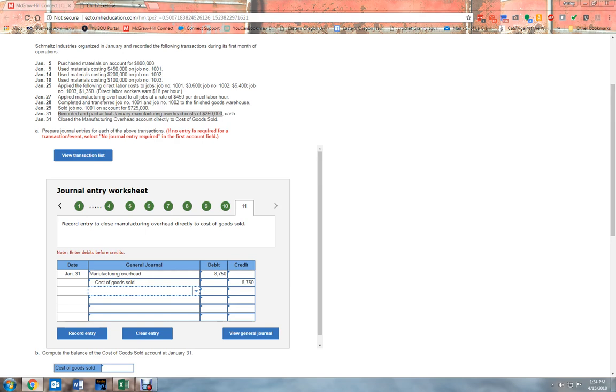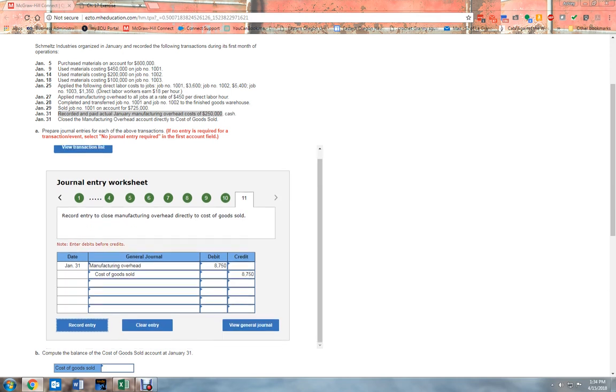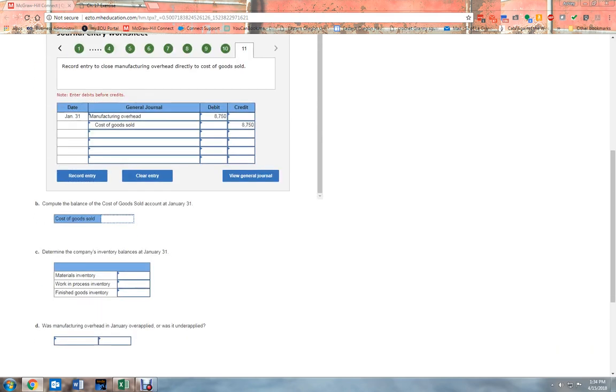And the cost of goods sold account decreases by that corresponding amount because we didn't spend as much on manufacturing overhead as we thought we would. So that adjusts our manufacturing overhead account for that over applied overhead. Our cost of goods sold account decreases by $8,750 because we over applied. So our cost of goods sold is that adjusted number.